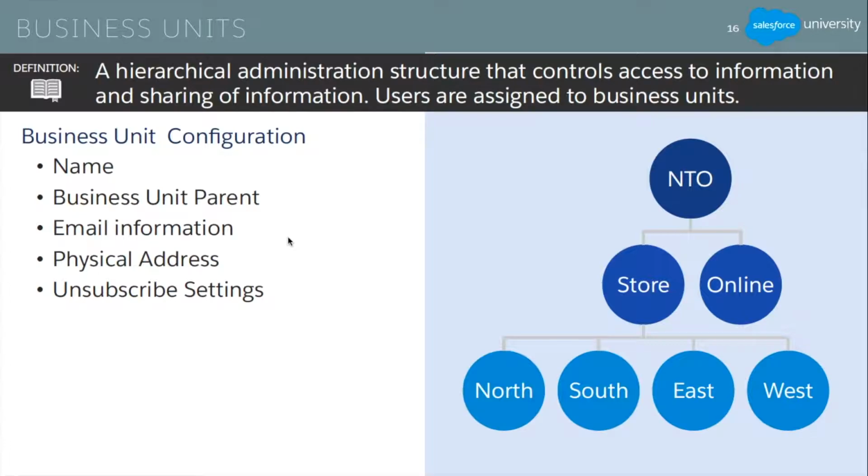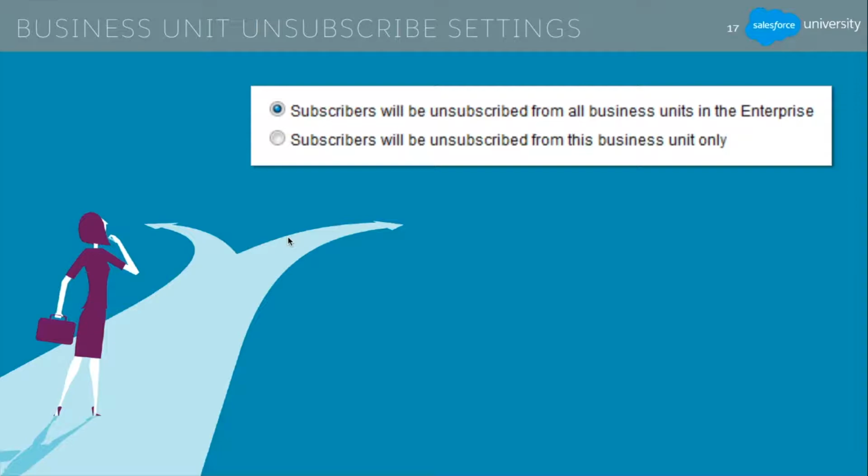All right, so when we're creating them, it's really filling out a form. The name, the business unit, the email information, the physical address that's going to pull in for that business unit if we were using that default footer. But then the unsubscribe settings. Those unsubscribe settings are probably the most important radio button in the entire email application.